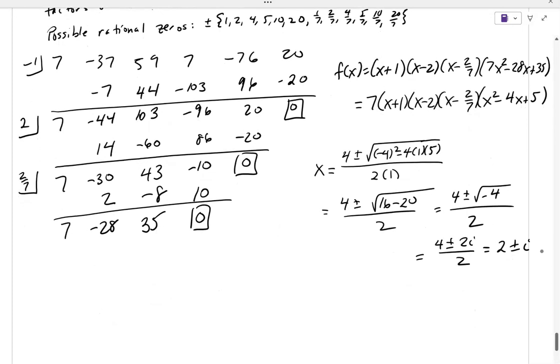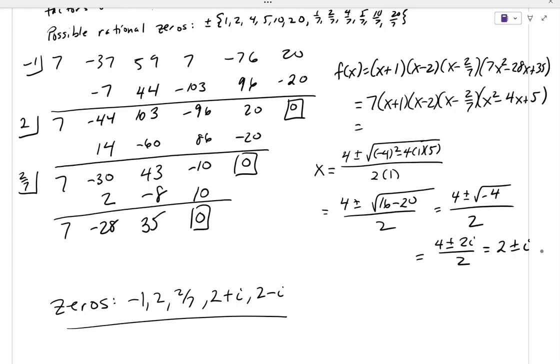So finally, now we can list out the zeros, and we can factor our function completely as a product of linear factors. Our zeros are negative 1, 2, and 2/7. We already found those. 2 plus i and 2 minus i. That's the zeros.